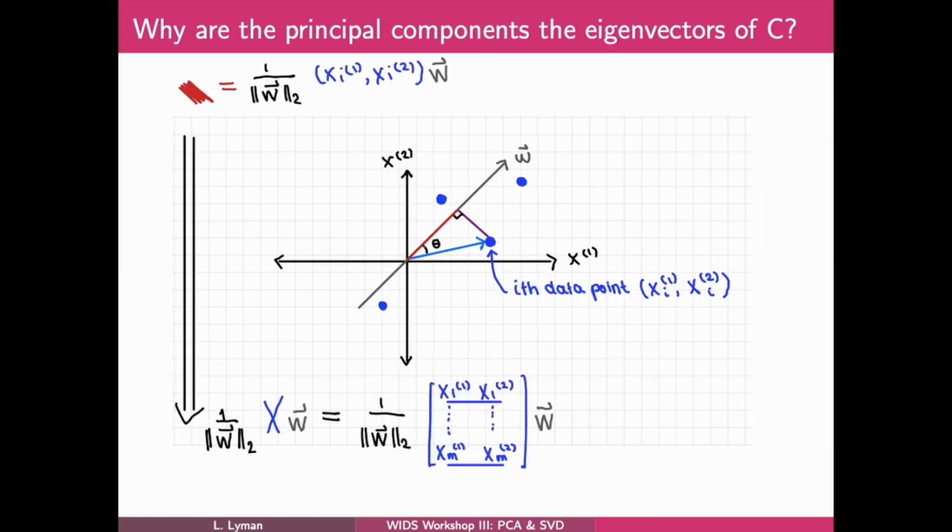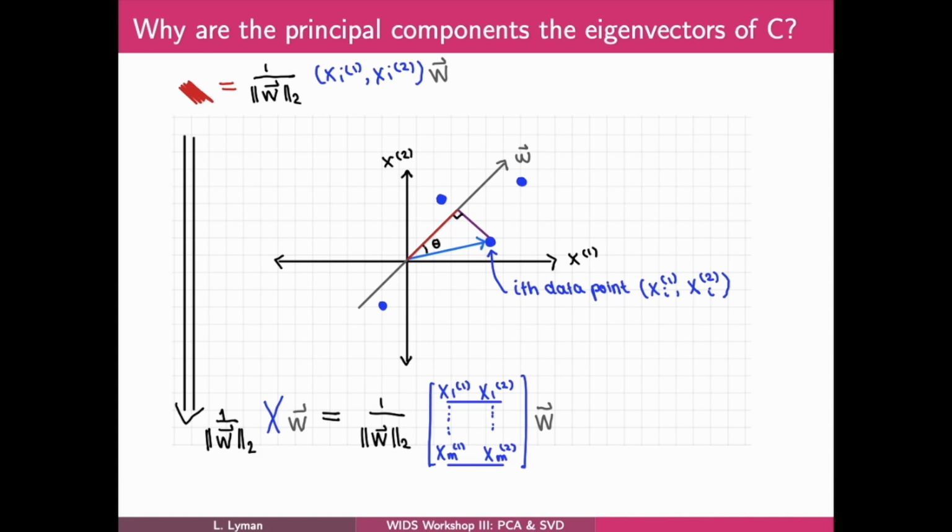But we can take this even further. So now let's consider all of the blue data points, not just the ith one. If we put all of those data points into our data matrix or our design matrix, capital X, we would have something of the following.